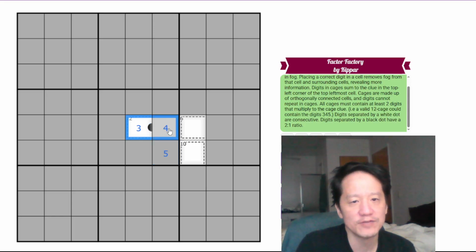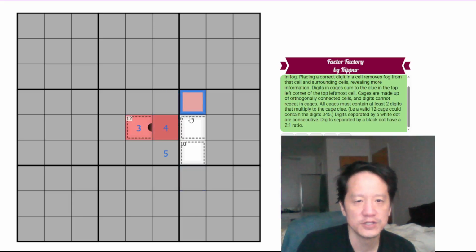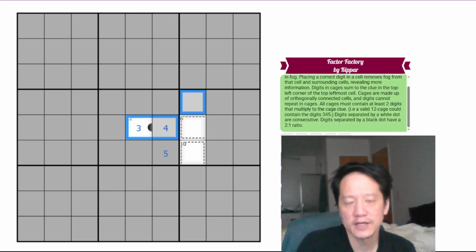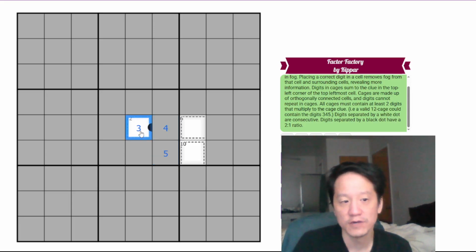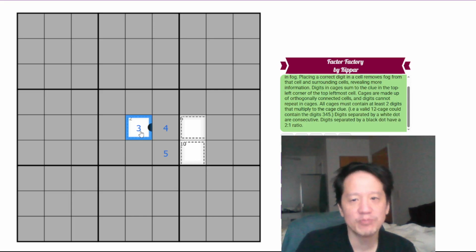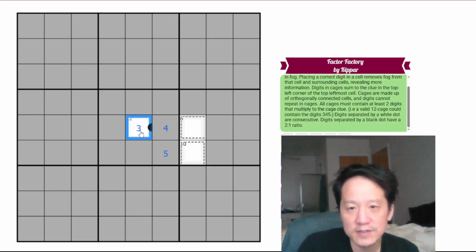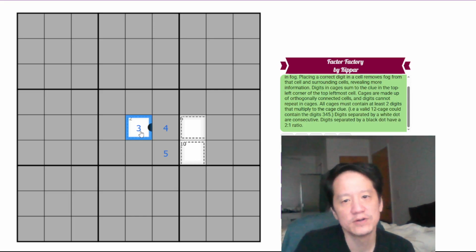What you cannot have is something like this be a cage. That's not allowed because this cell does not share an edge with the rest of the cage. And again, remember the digits in the cage must add up to the sum in the top left corner of the top leftmost cell in that cage.